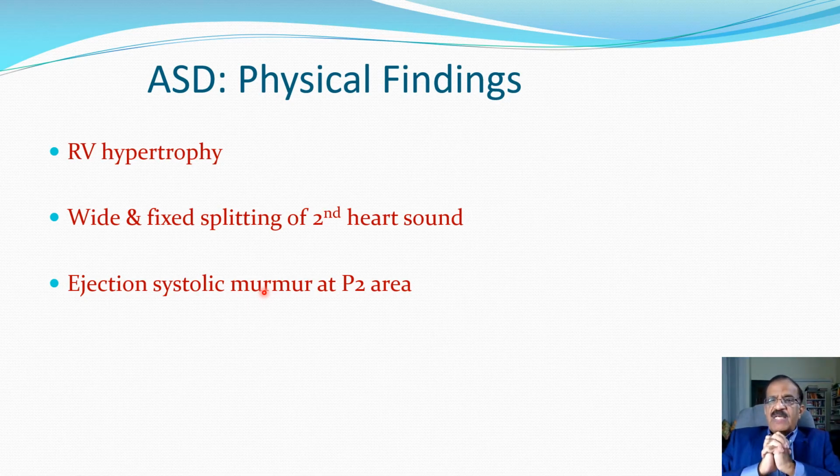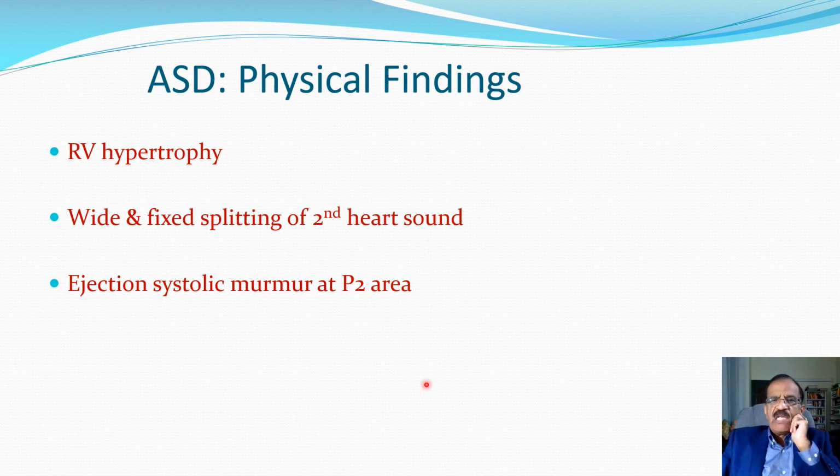But the right ventricle is creating more stroke volume, and because of that there would be a functional murmur arising from the pulmonary valve. So there would be a pulmonary systolic ejection murmur best heard in the pulmonary area.